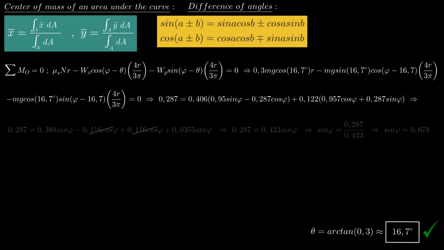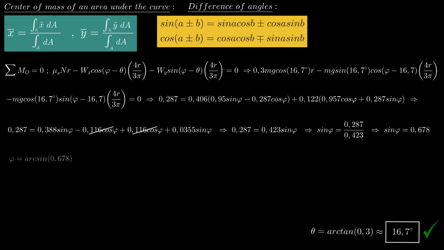And we do the calculations and all the algebraic operations. The cosine of phi's cancel out. And we solve for phi, and we get phi equals arcsine of 0.678, which is approximately 42.6 degrees.